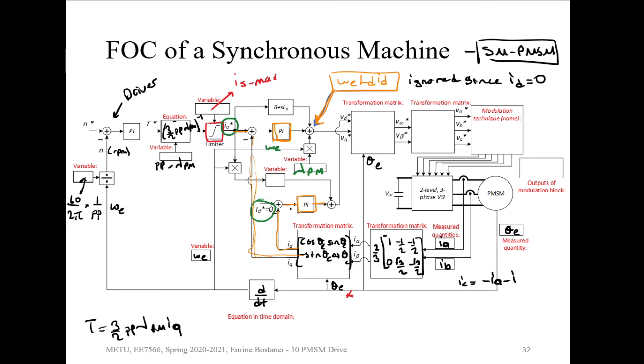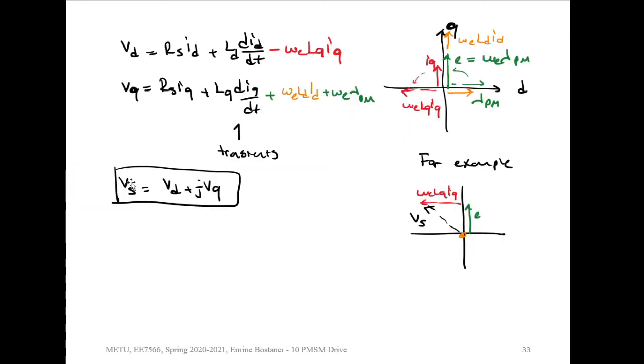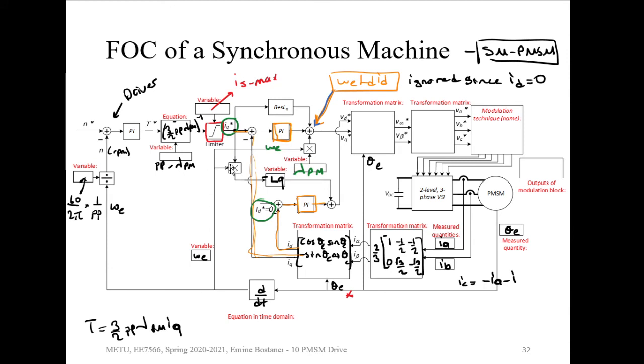And at the VD reference, we can have the controller which is going to control the ID. Moreover, here we need to add omega E times IQ times LQ, but it should be minus LQ. Omega E times IQ times minus LQ must be added to get the VD reference. So what we try to do is, from ID and IQ references, get the VD and VQ references.